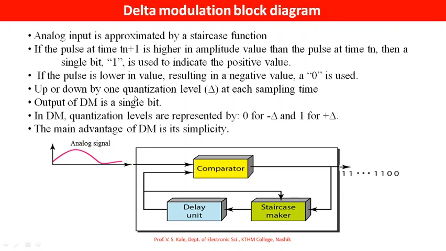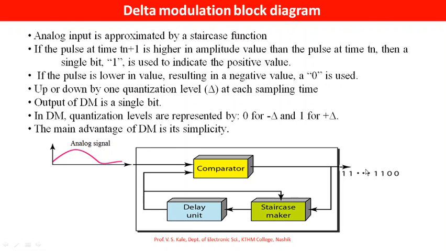Up or down by one quantization level, that is delta, at each sampling time. Output of delta modulation is a single bit. In delta modulation, quantization levels are represented by 0 for minus delta and 1 for plus delta. Delta is a small value. The main advantage of delta modulation is its simplicity.